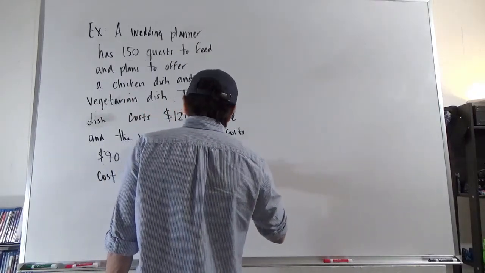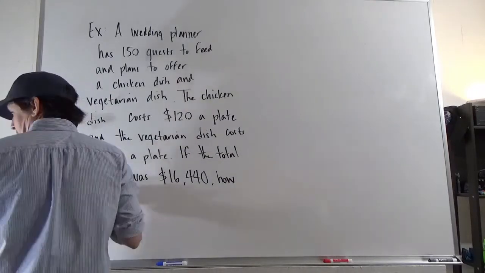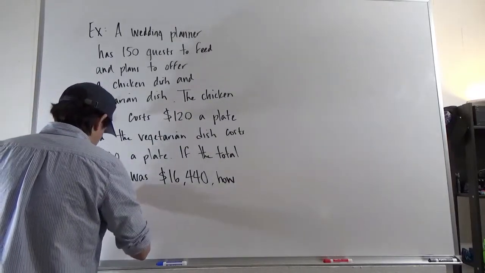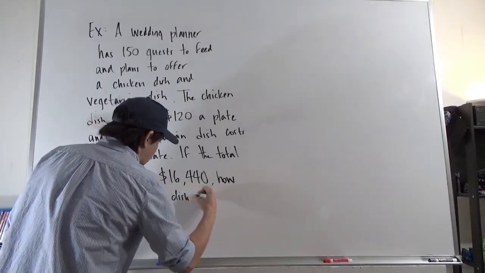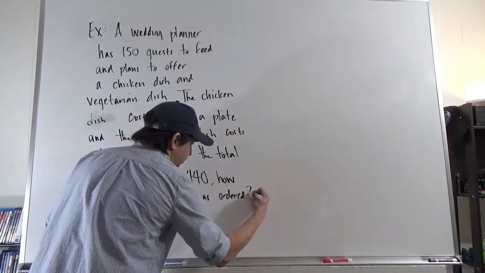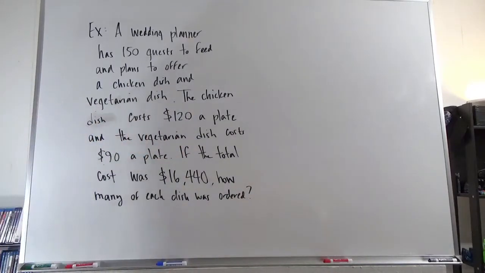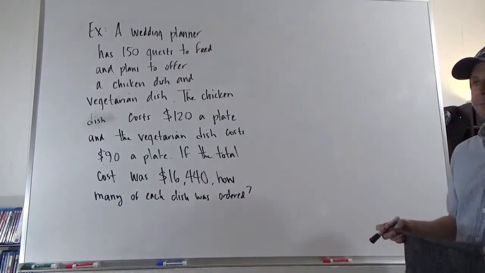Such a question: if the total was $16,440, how many of each dish was ordered? This is a very common type of problem. It's solving a system of equations.